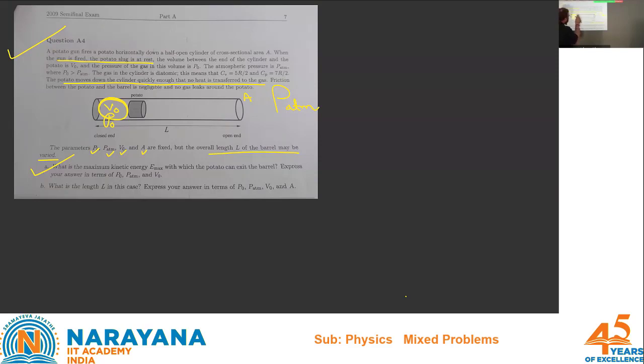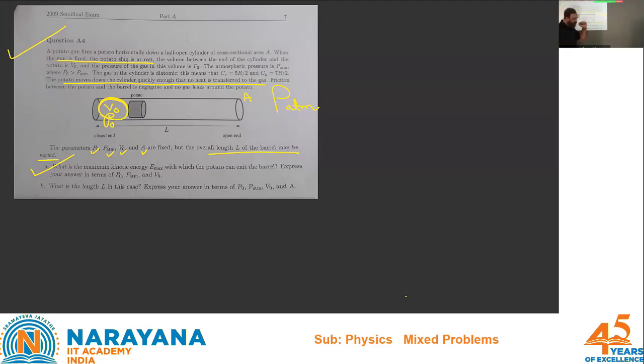As the potato is moving rightward, that gas is expanding, so doing some work on the potato, and as it is exerting work, its pressure is reducing. Outside pressure is already PATM, and definitely P0 would have been greater than PATM. That is why it is accelerating.